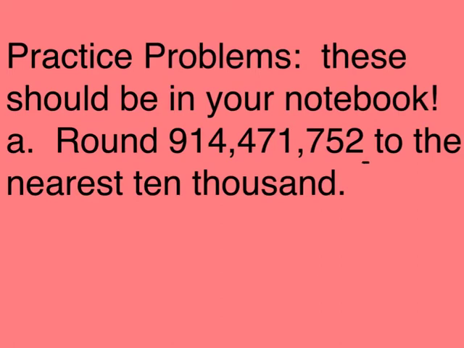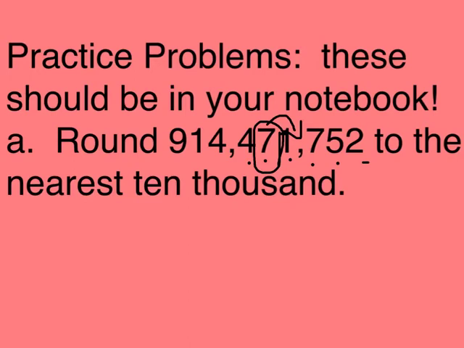So ones, tens, hundreds, thousands, 10,000s, 100,000s, and now we know that the 7 is in the 10,000 place. So what do we do? We look to the right next door and we find the 1.